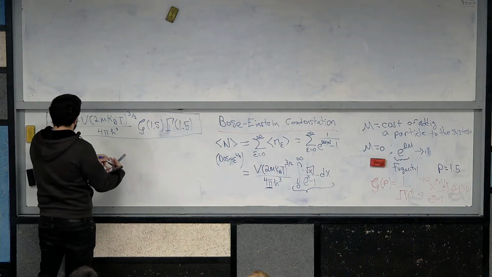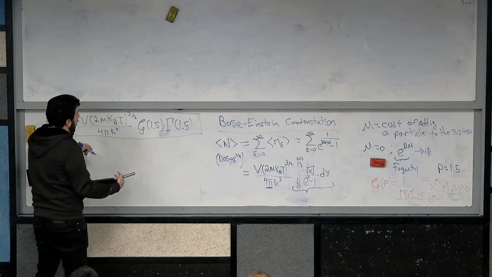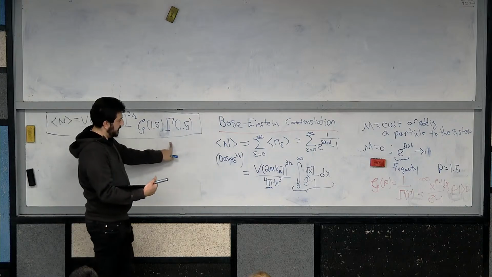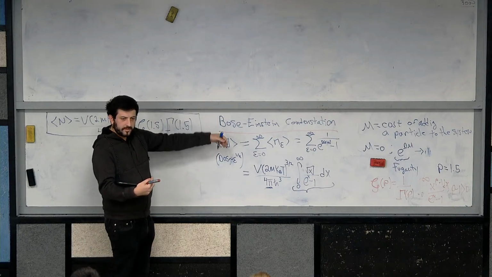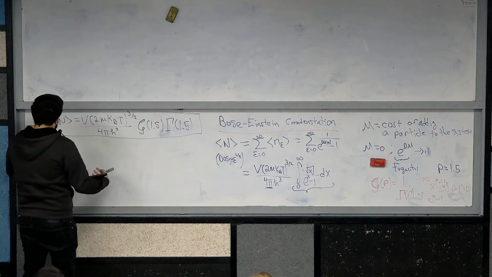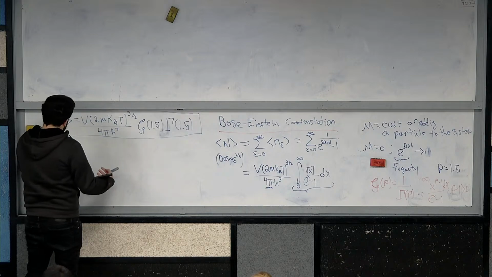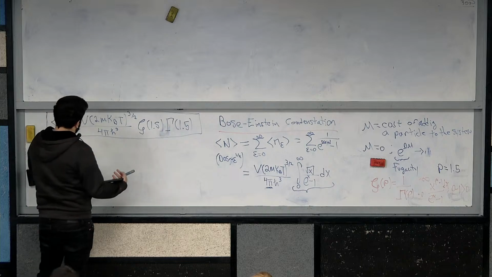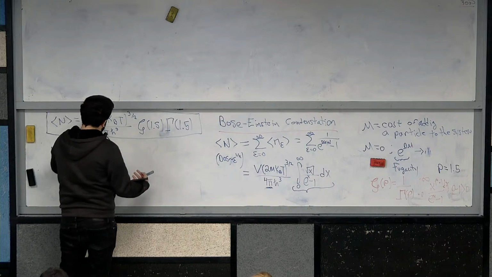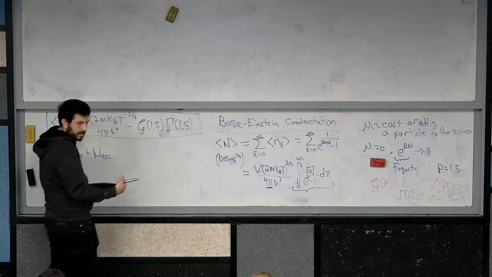So we need to put this in by hand. So actually what we computed is the number of particles that are above 0, okay? So the actual number of particles should be the number of particles at 0 plus the number of particles at excited states, right?